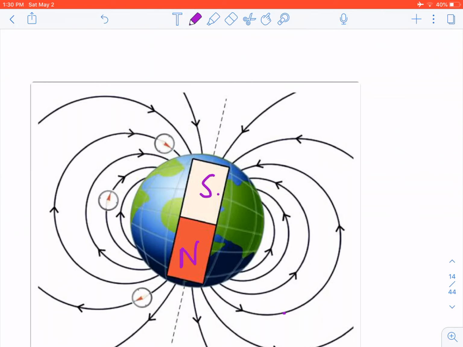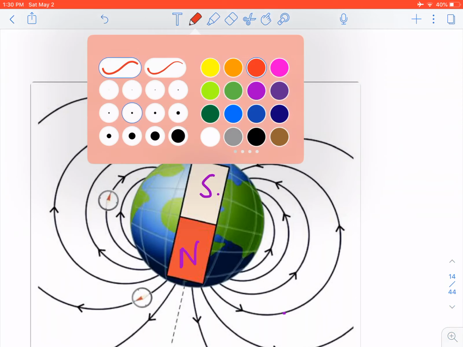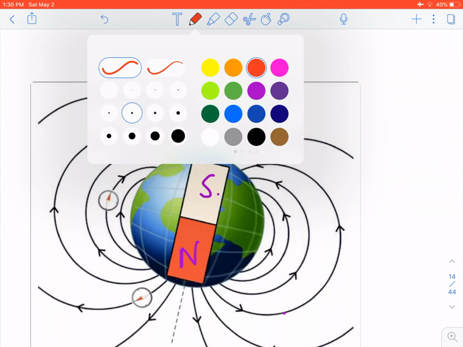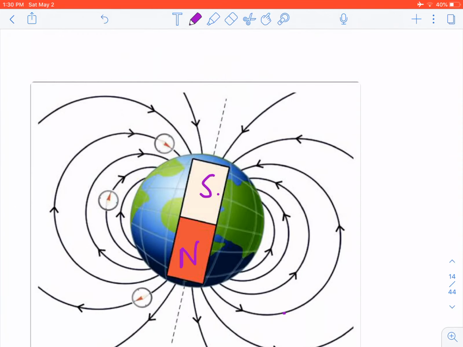So here we have the Earth's axis going straight down like that.